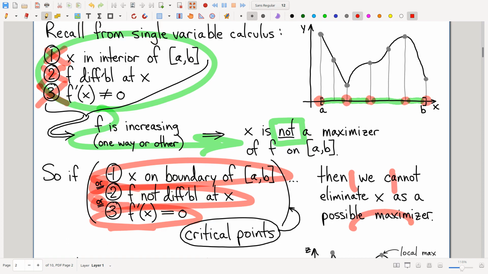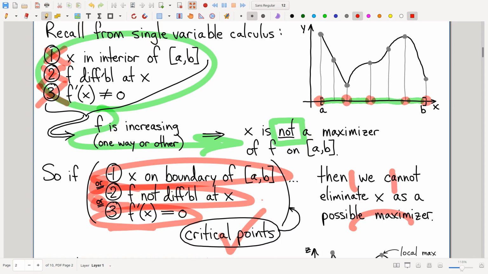I'll figure out something at some point, but I'm going to have to take a careful look at those points. So we call them critical points, which I think is a little bit of a cop-out. It kind of makes it sound like I've drawn some conclusion. I think exactly the opposite is true. When any one of these red conditions is satisfied, the reality is that I don't know what's happening at those points. Not that I do know.